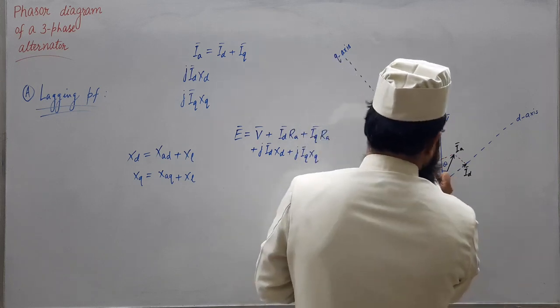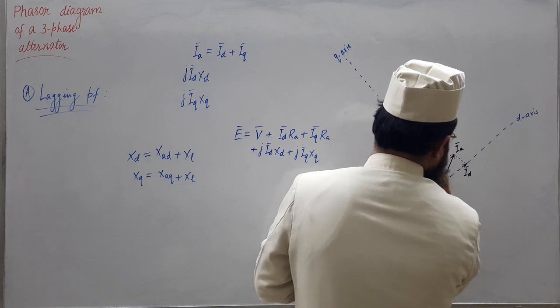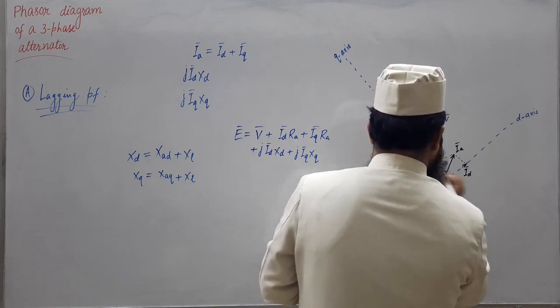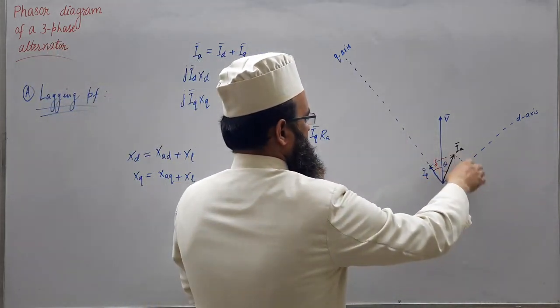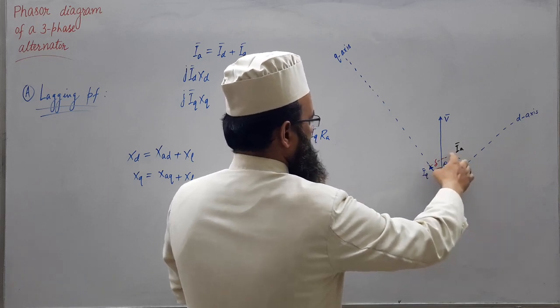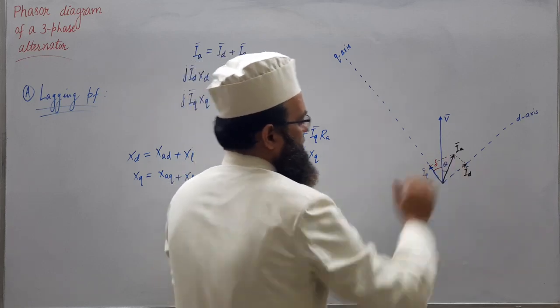We have taken this projection along the D axis, that is ID, assume it perpendicular, this is 90 degrees. The projection along the Q axis is IQ, the component of IA.